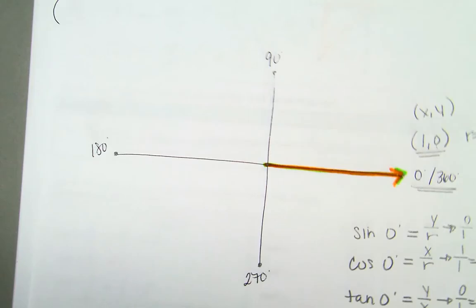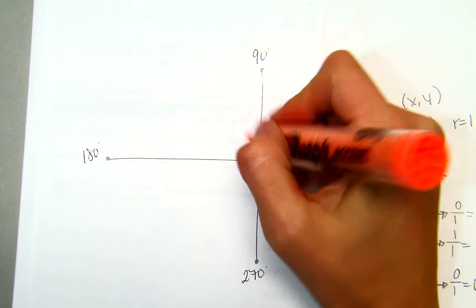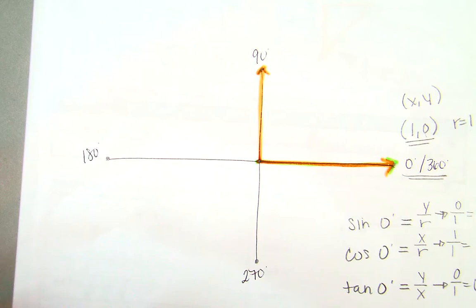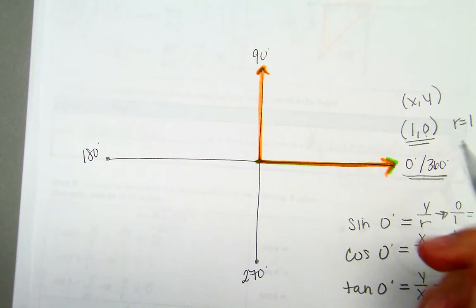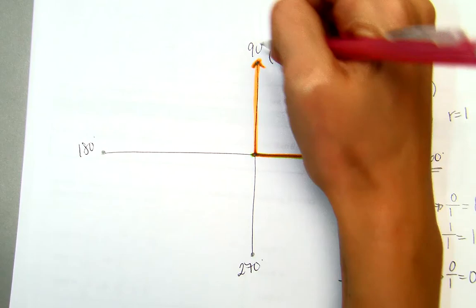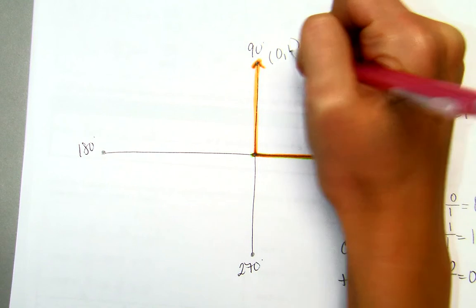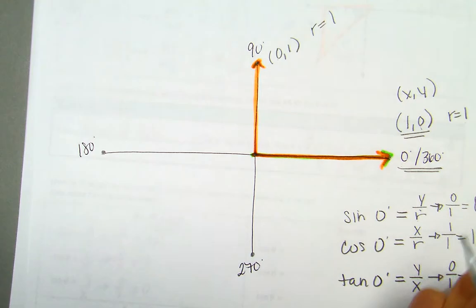So, moving straight forward, the green is still your initial side, but now we're going to be looking at 90 degrees. So now we have the orange leg that's straight up. And this point is represented, like we talked about below, as (0, 1). So your x is 0, your y is 1, and your radius will forever be 1.